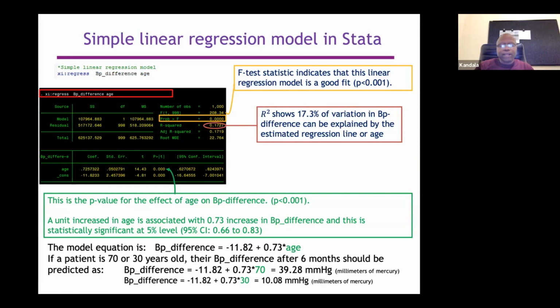Now with this model, when we are satisfied it's a good model, we can make some predictions.